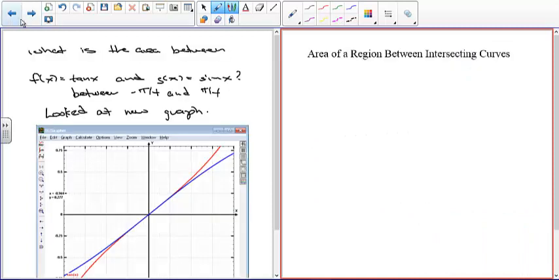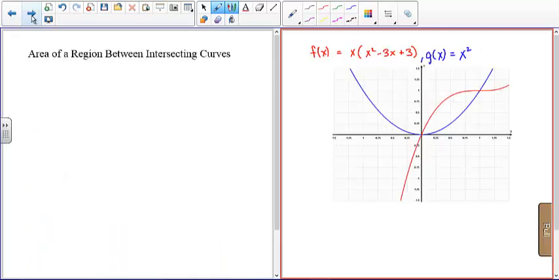Okay, we'll come back to that one. So in those cases we were given the limits. The other cases are where you're not given limits, you're just asked what's the area between the two curves, and for that you have to find the points of intersection.